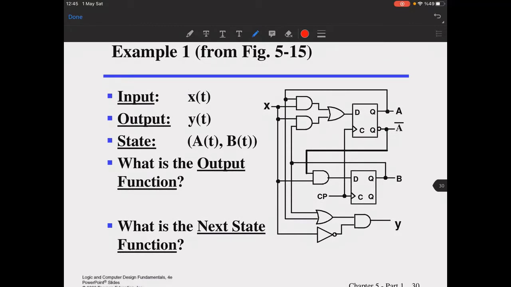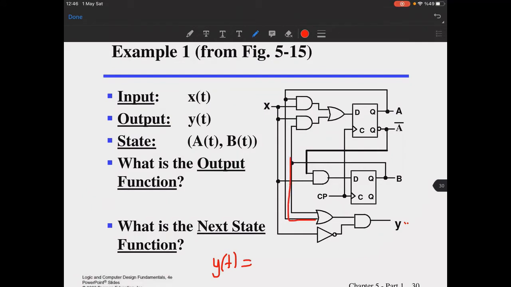When you take a look at this example, you need to write everything: what's your output function and what is your next state function. Look at this one. Your output y(t) is dependent on what?